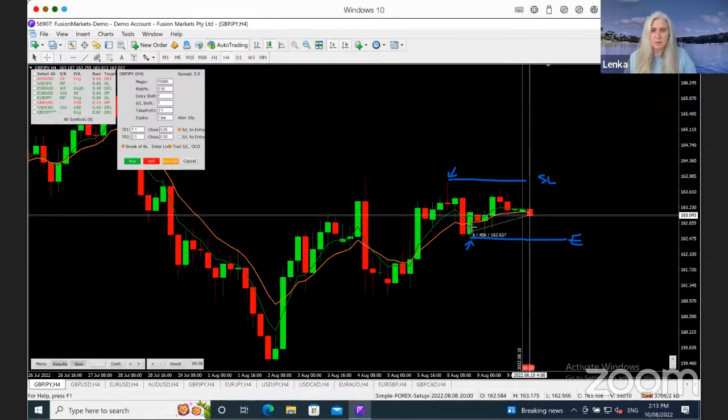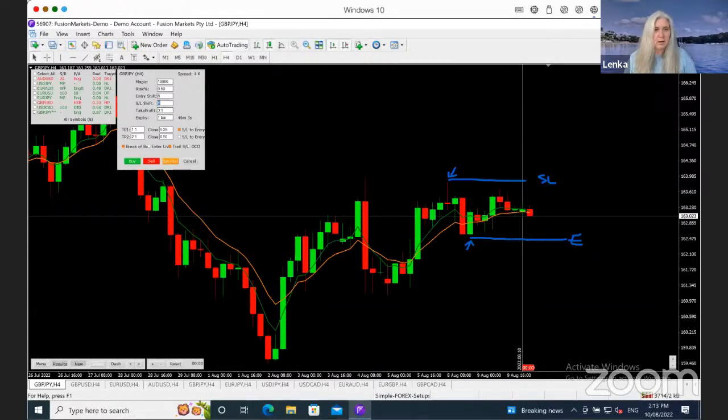I will enter on this bar, which is bar 8, and I want the stop loss to be above bar 11. So then I would put entry below 8 and stop loss at 11.